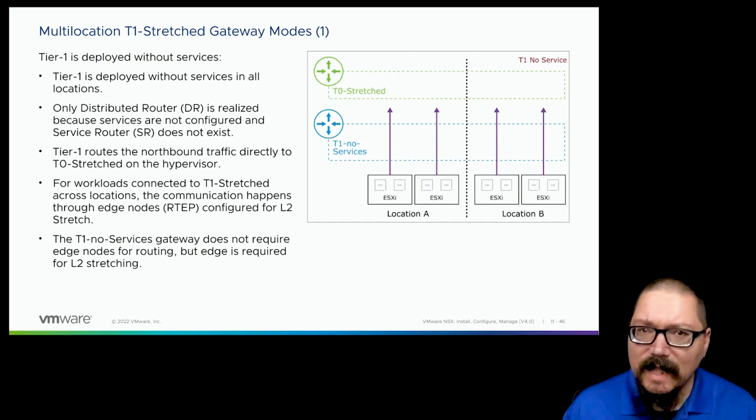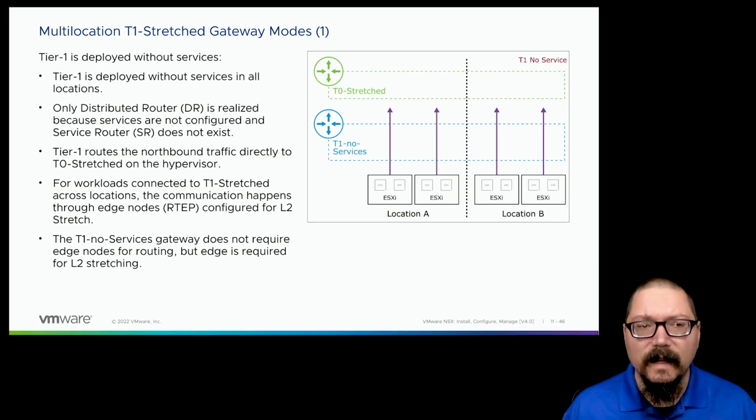Now, my tier 1 gateways, this is a little different. It's a little different because all of my tier 1 gateways, first off, are active standby. I don't have an active option with my tier 1 gateways. But I also have an option to deploy a tier 1 gateway with no service routers, right? No services, which means only the DR component.